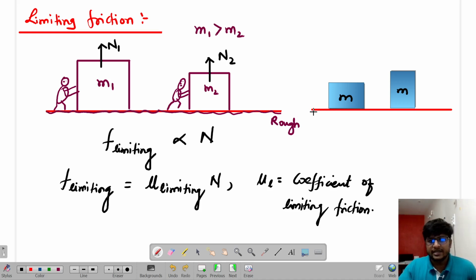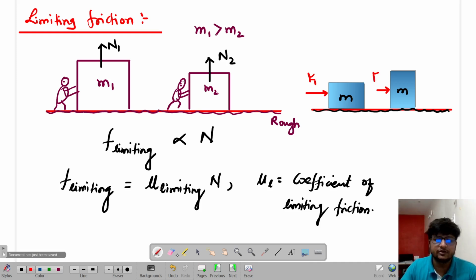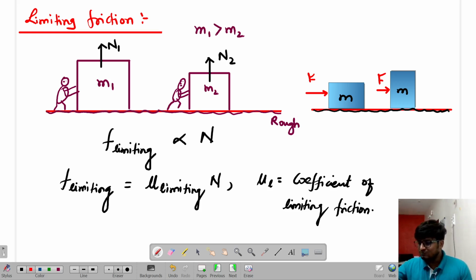See, the question arises: will both of them experience different friction or the same friction if some force is applied? Tell me. Viraj, tell me. Same or different? Same. The masses are the same, so the frictions will also be the same. Are you sure? Yes, sir. The answer is correct.